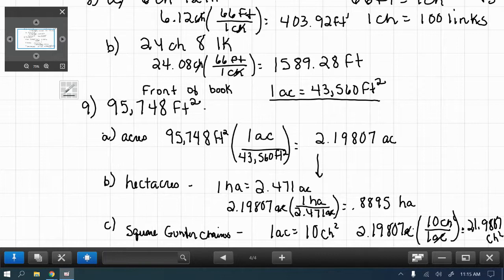If I did my conversion, 80 times 66 is 5,280. So they would set it out in chains. They would do 80 by 80, which is 1 mile squared.